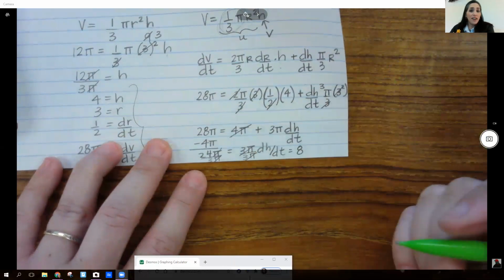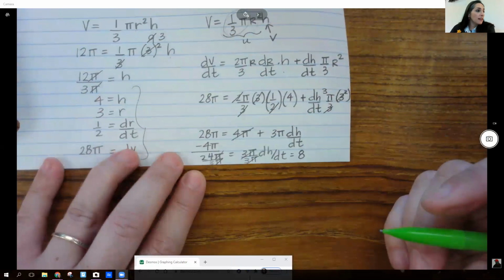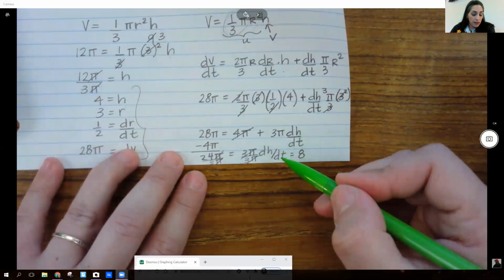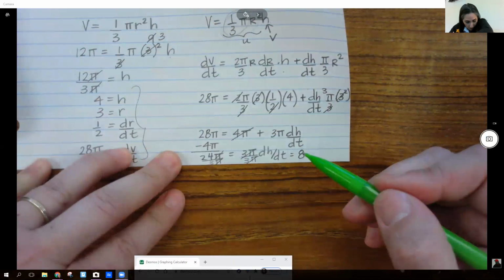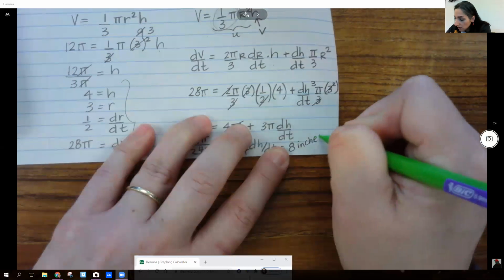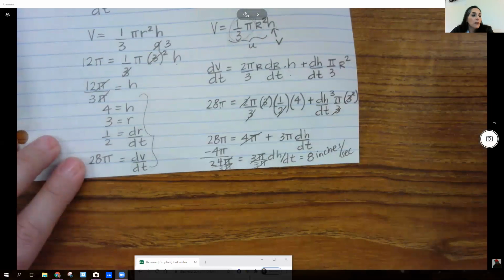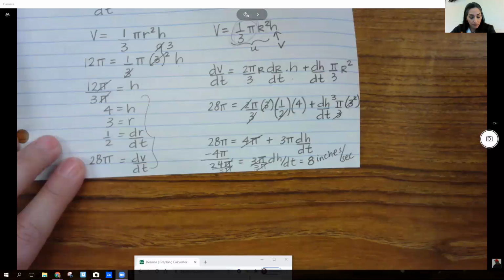So this all came out to be a nice whole number. How about that? So the label on that, this is the change in height, and that is inches per second. dH/dt is inches per second.